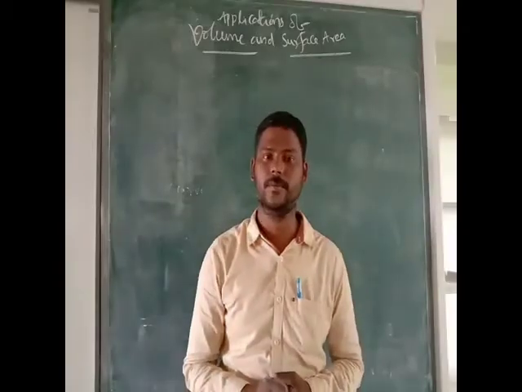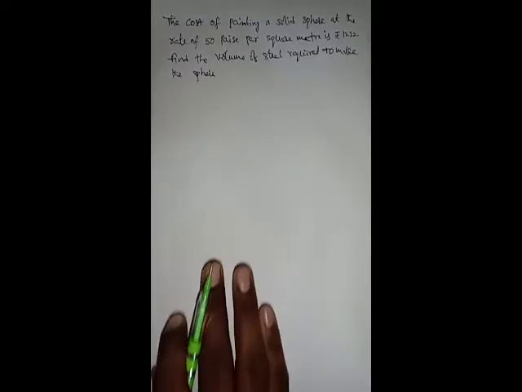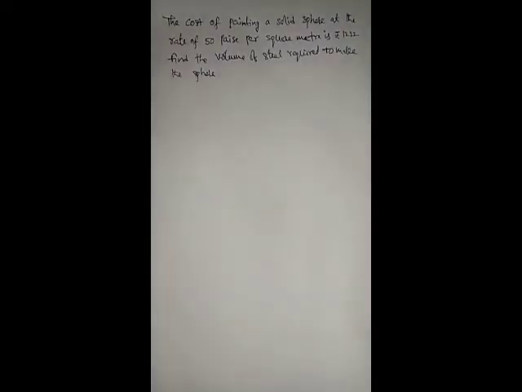Okay, children? Here I have given one problem for you. All of you look at the problem. The cost of painting a solid sphere at the rate of 50 paisa per square meter is 1232 rupees.